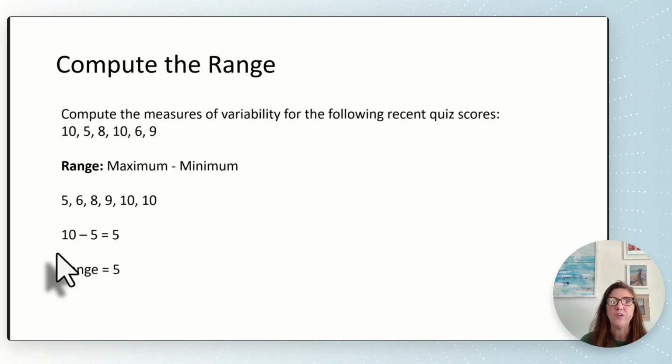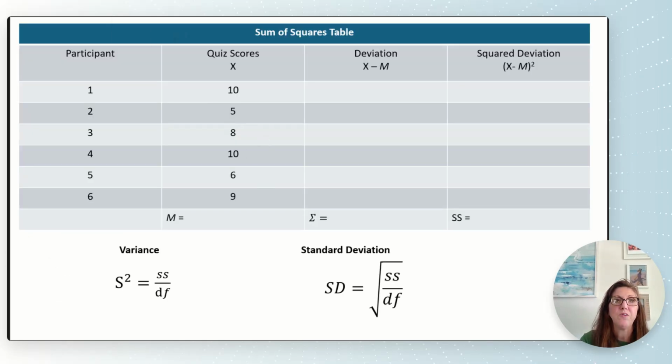So that's the range. Now we're going to compute variance and standard deviation for these quiz scores. Before we even get to computing them, we know that we need to complete the sum of squares table. As a reminder, we have our participant identifier, so we're using numbers in this case.